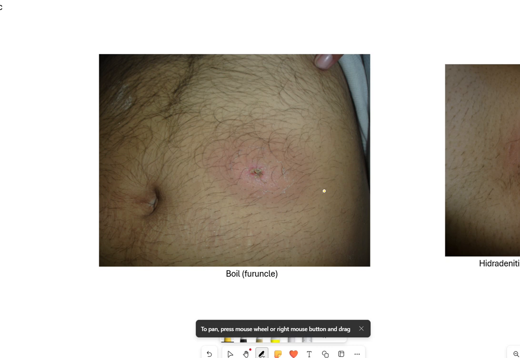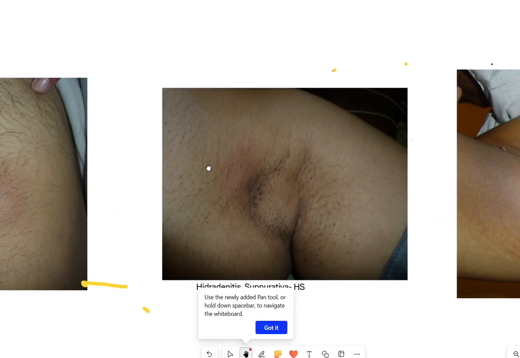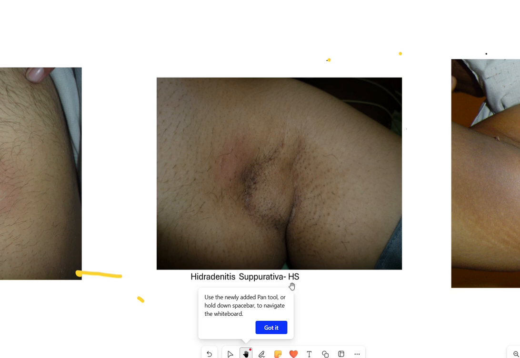Now I come to the more sinister condition, which is known as Hidradenitis Suppurativa, HS. Now this is a photograph of an axilla, and you see redness over here.